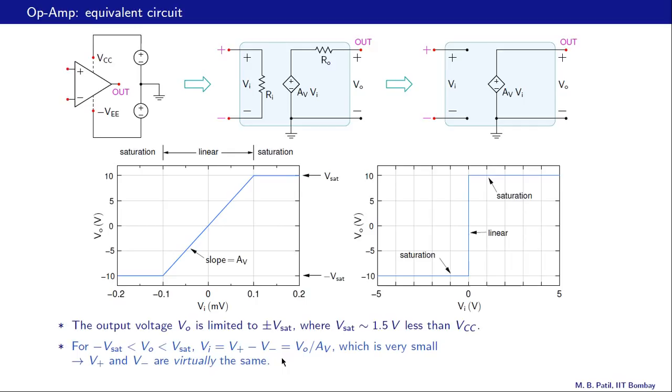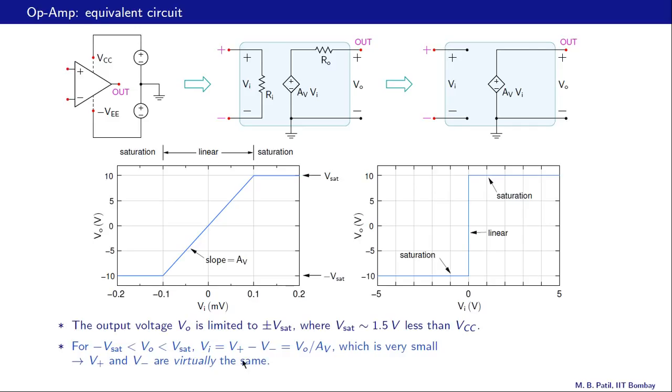And that brings us to a very important point. For minus Vsat less than VO less than Vsat, that is this range here, Vi, which is V plus minus V minus, is VO divided by AV, and because AV is such a large number, Vi is very small, and we have already seen that Vi is in the range minus 0.1 millivolt to plus 0.1 millivolt.